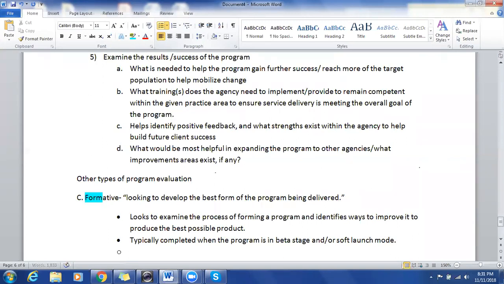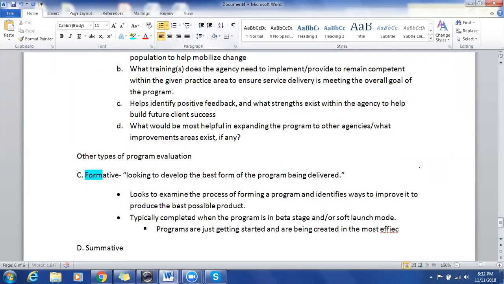So if you remember back to developing the programs, soft launch was when we identified a particular target population and implemented it softly to them and refined things at this. So this is when programs are just getting started and are being created in the most efficient way possible.